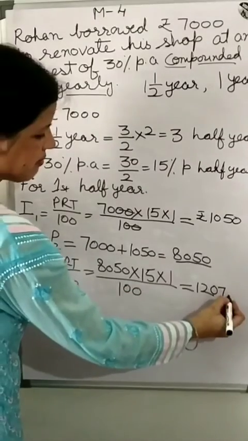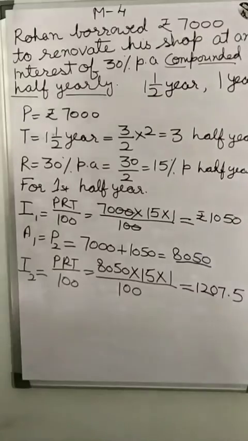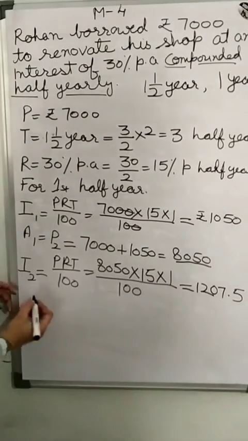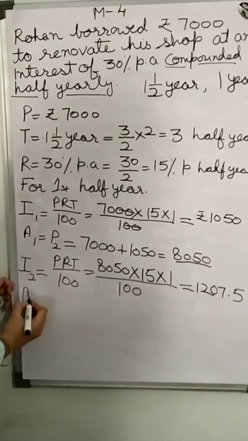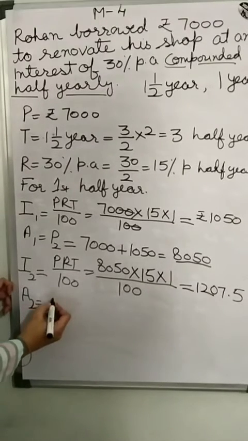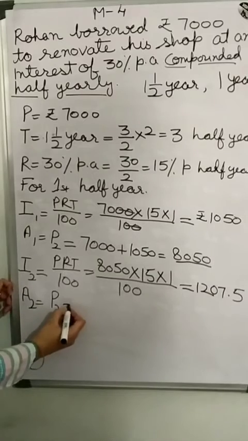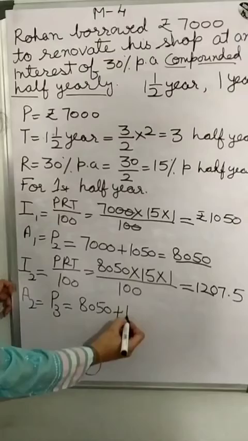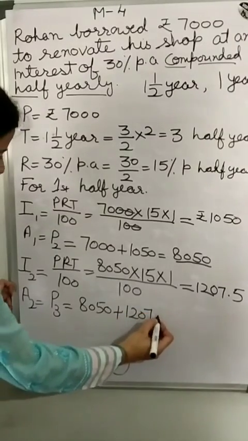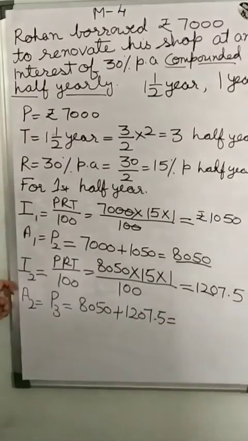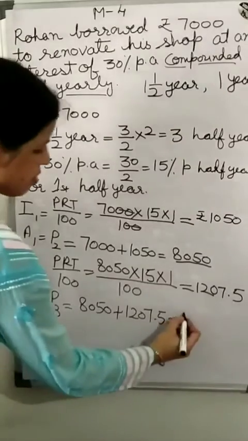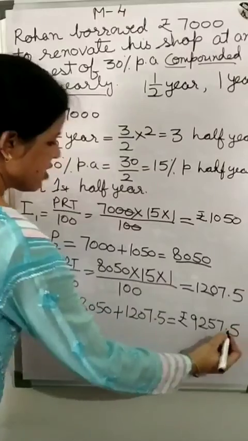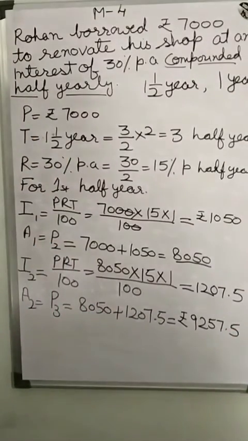and it is equivalent to 1207.5. Now add this into the principal. So it is P2 plus the interest, that is 8050 plus 1207.5, it is equivalent to rupees 9257.5.